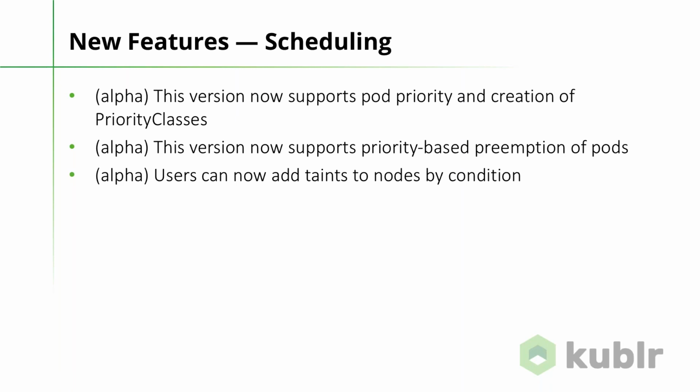Scheduling. For scheduling, we now have three alpha features, which I personally have been waiting for a lot. First of all, we now have pod priorities and priority classes. In current versions, if you don't use it, you have a thing called quality of service for pods.